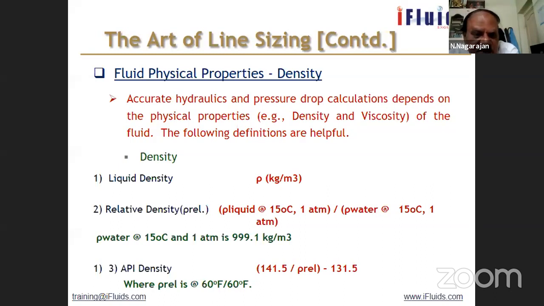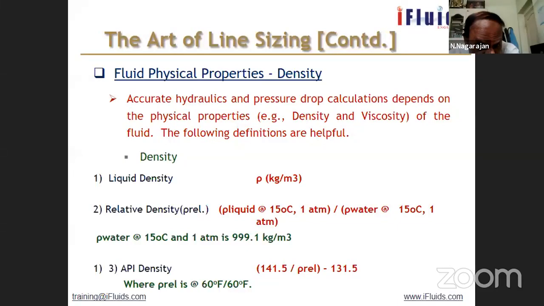Okay, like that. Liquid density is given by rho, which is kilogram per meter cube, and relative density is nothing but the density compared to water at 15 degrees centigrade and 1 atmosphere. This is sometimes used in some correlations.